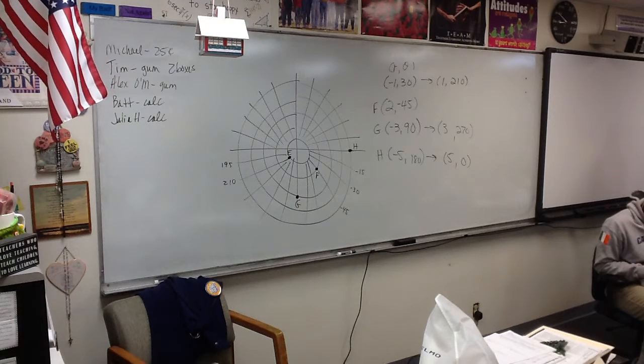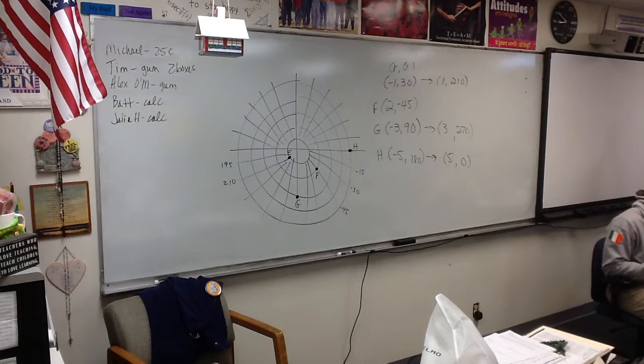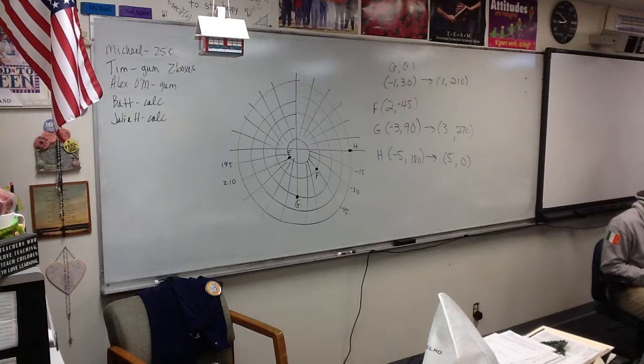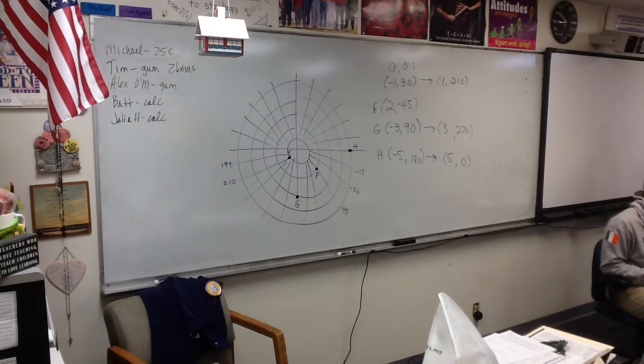For x min, put -6, and x max, put 6. For y min, do also -6 and 6. In the scale, just leave it 1. It should be 1 already, just leave it 1.